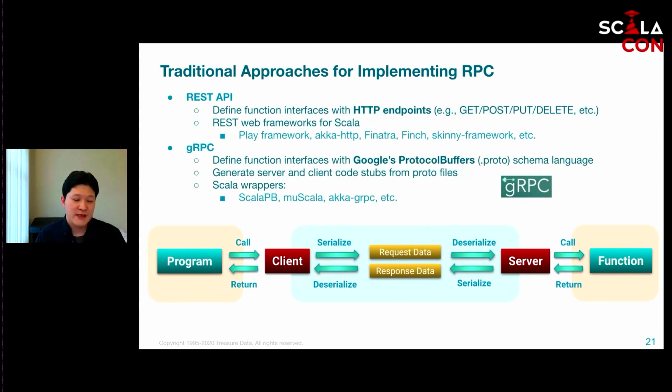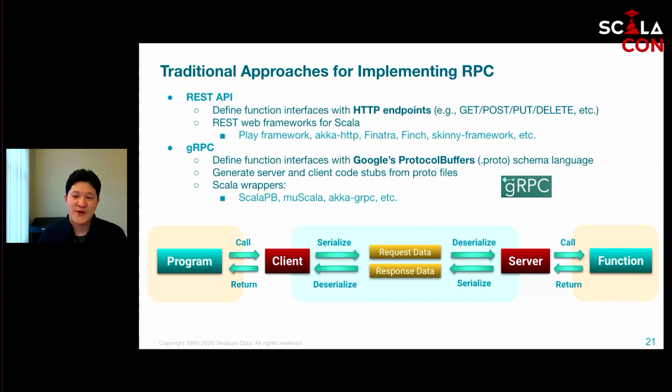So there are many things we need to consider behind the scenes. Traditional approaches for implementing RPC include two major options: building a REST API or using gRPC. For a REST API, you need to define function interfaces by defining some HTTP endpoints like GET methods, POST methods, DELETE methods, and so on.